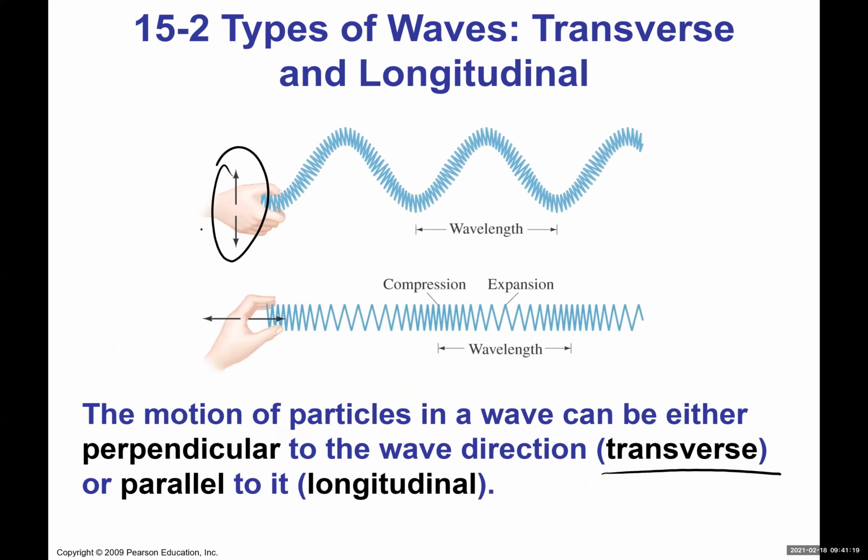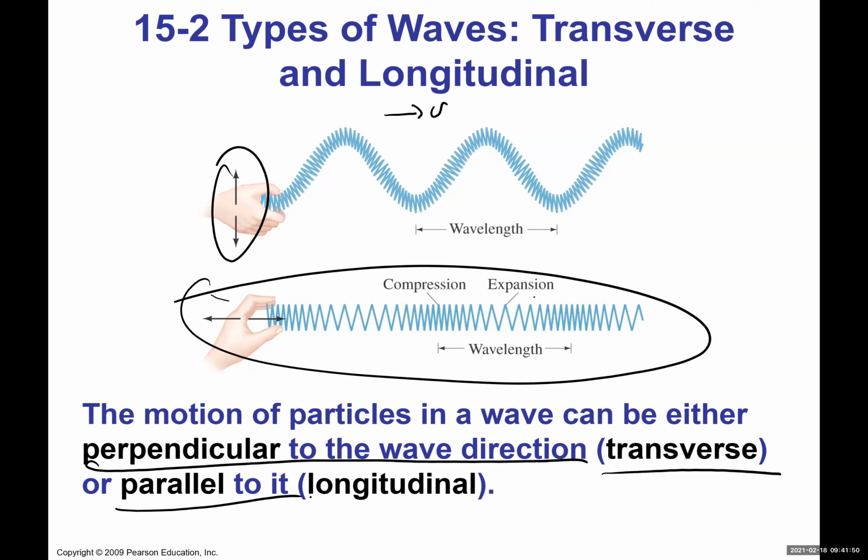And then you have a longitudinal wave, which goes back and forth with respect to the direction of the wave propagation. Here the wave is moving to the right in both cases, but in the transverse case the medium goes up and down, perpendicular to the wave direction. In the longitudinal case, the particles of the medium move back and forth, parallel to the direction of the wave.